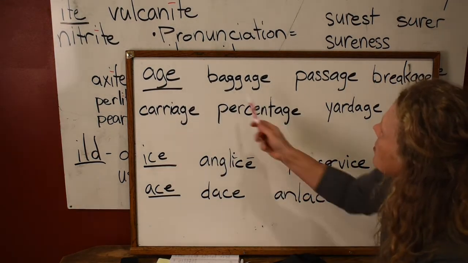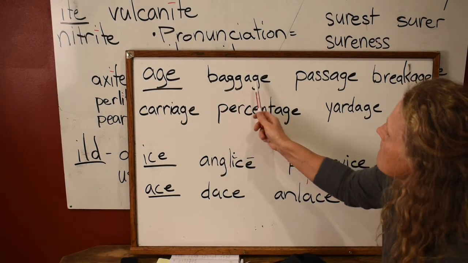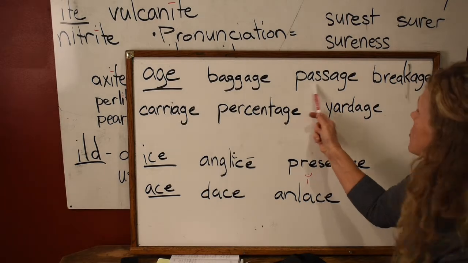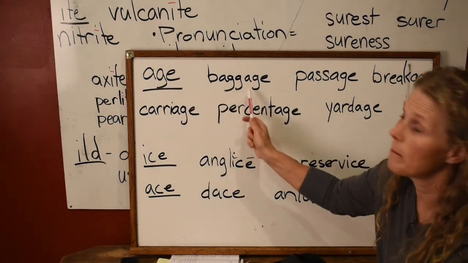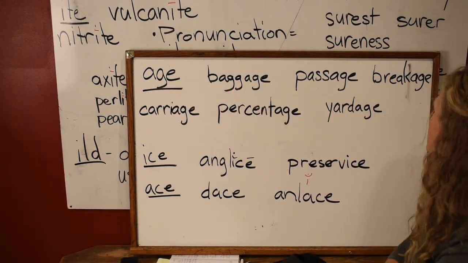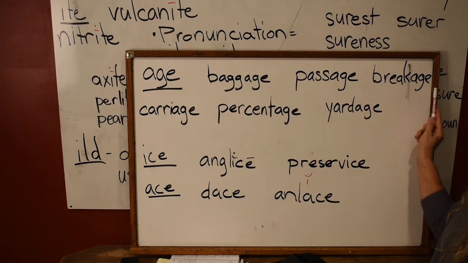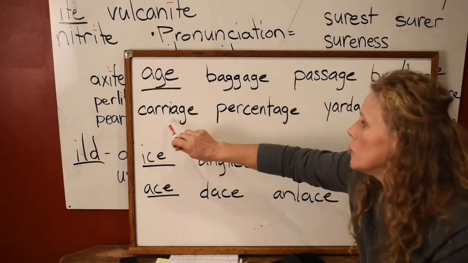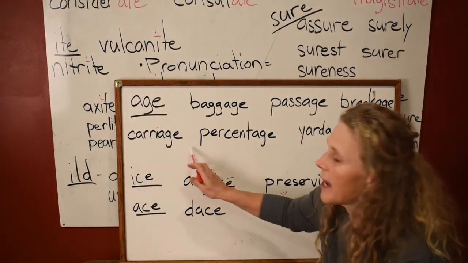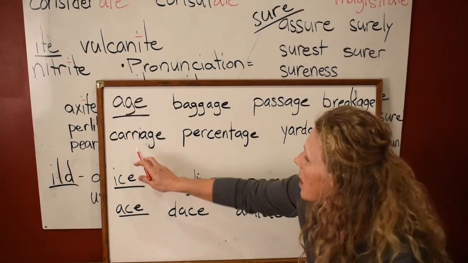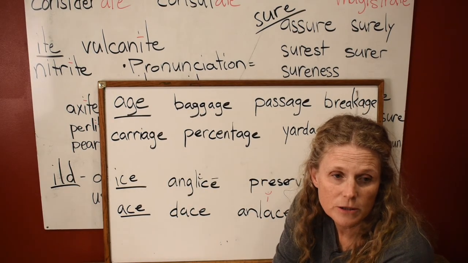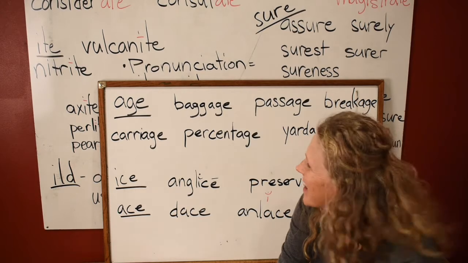And so, look, this had the doubling rule, baggage, passage. Now see, look, this is a Latin root, so it can go with either American words, it can go with Latin roots. Breakage, this is an American word. Carriage, now this is unusual. So when you say carriage, can you hear the I in this word? Paul? Carriage. Kind of. Okay, what do you think, Dan?